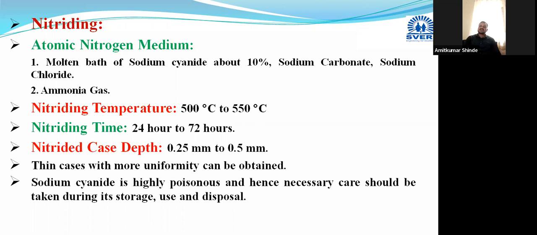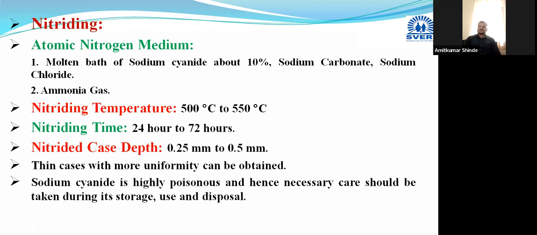Now, during this nitriding time, what will happen? Atomic nitrogen from that medium will get diffused onto the surface of that steel component, and we will get a hard and wear resistant surface.